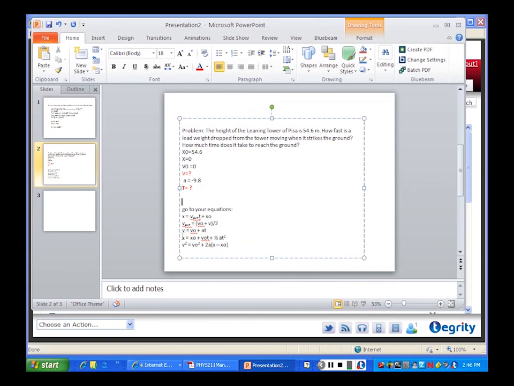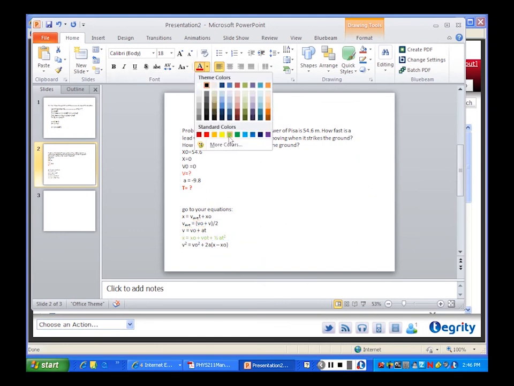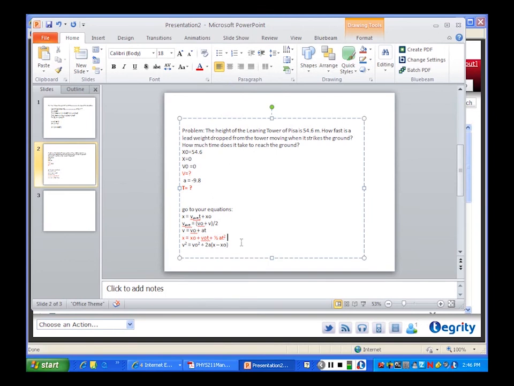I'm going to highlight this one right down here. Let's change that to, I don't know, green's not very good, is it? Let's change that to red. Highlight that equation, because if we plug in x and x0 into that, we've got 0 equals 54.6, V0 is 0, so that term drops out, and 1/2 times a negative 9.8 times t squared. Oh, the only thing we don't know in there is t, and that's what we're solving for.